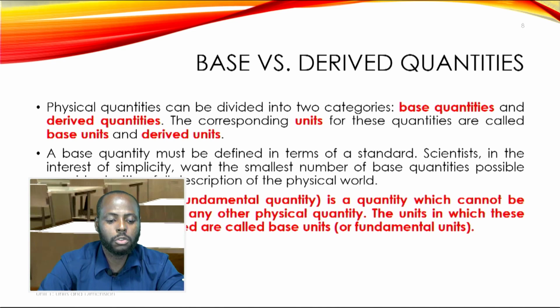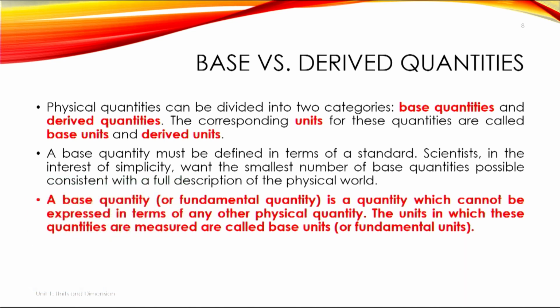The corresponding units for these quantities are called base units and derived units. A base quantity must be defined in terms of a standard. Scientists, in the interest of simplicity, want the smallest number of base quantities possible, consistent with a full description of the physical world.